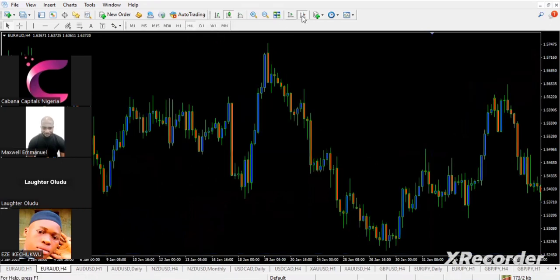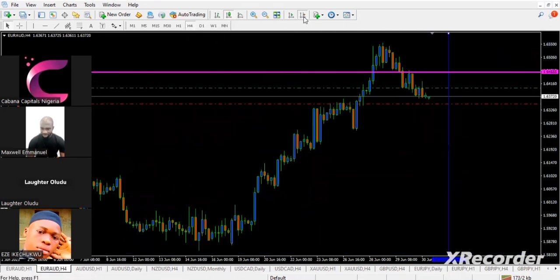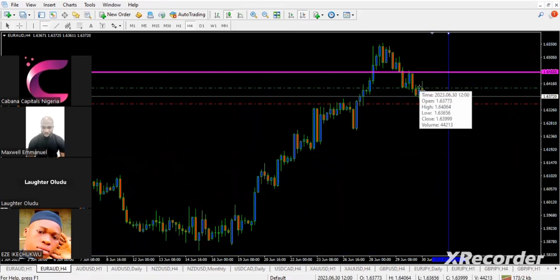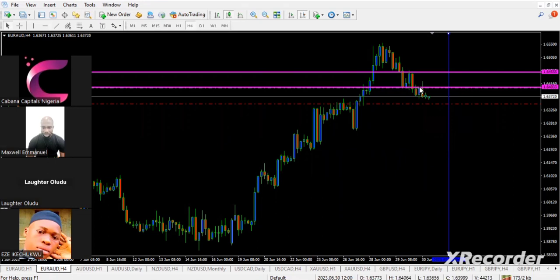Let's see what we have on H4. Okay, so you can't buy now. If you don't have a buy trade, you can't buy now. If you're considering buying, wait for this resistance to be broken. You can see it was a support here, and a resistance here.